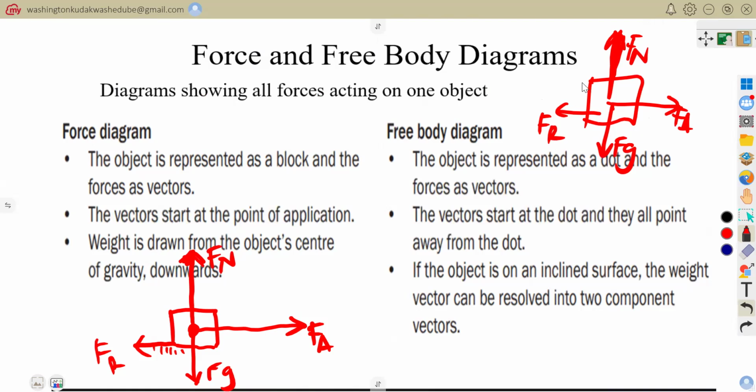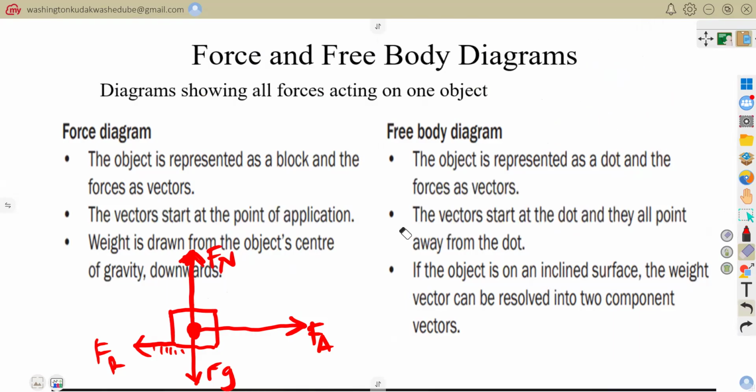You are just representing your forces using vector arrows, while the object is represented with a block, with the forces coming directly from the center of the box. So the block is used to represent our object, and the vector arrows are used to represent our forces.